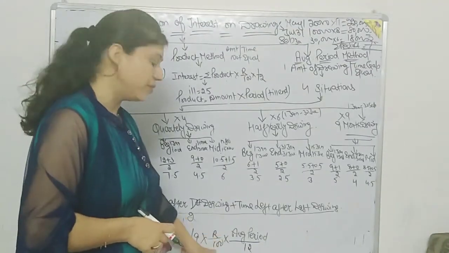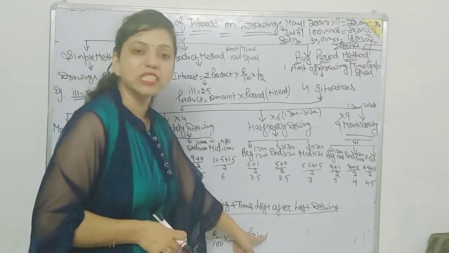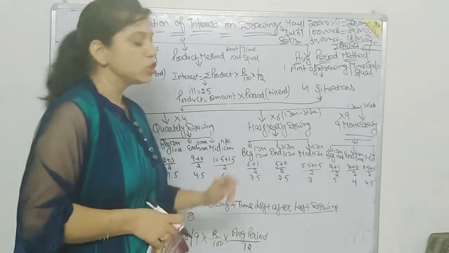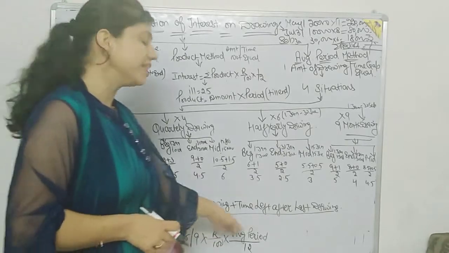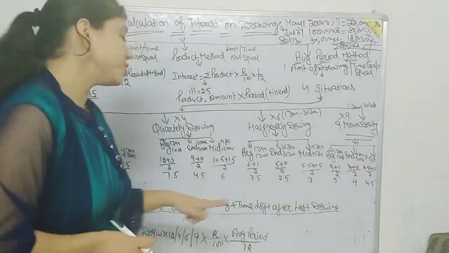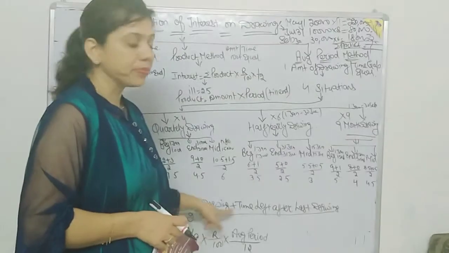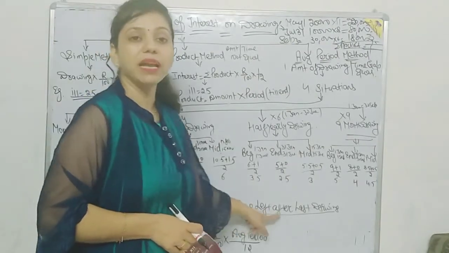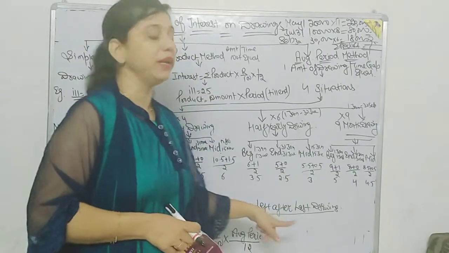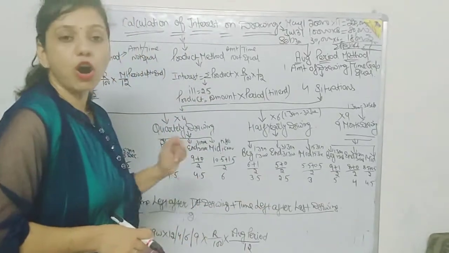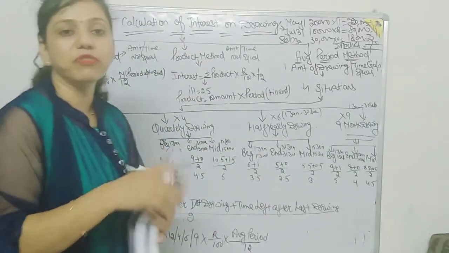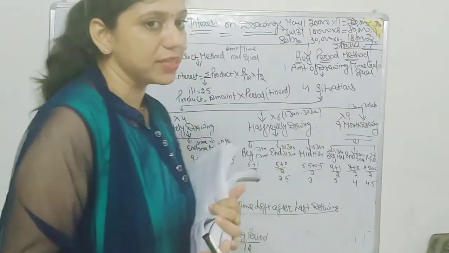Multiply rate by 100, multiply average period upon 12. So here is a problem. What is average period? Average period means time left after first drawing plus time left after last drawing upon 2.